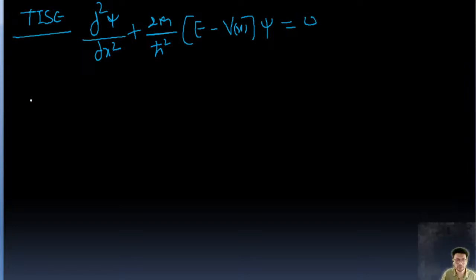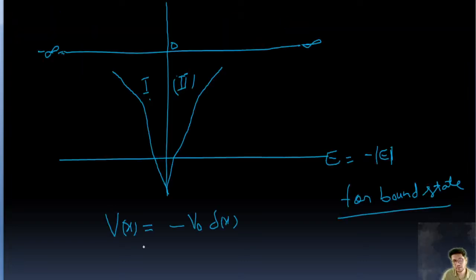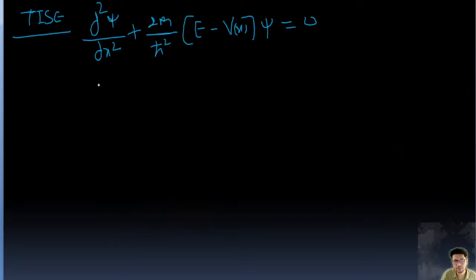Now we will write the value of the Dirac delta potential, which we have defined.